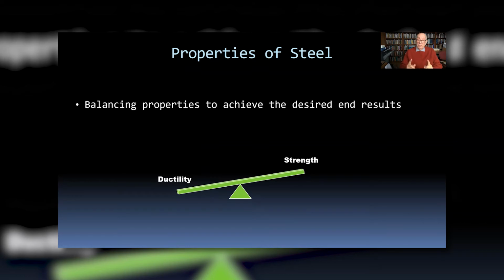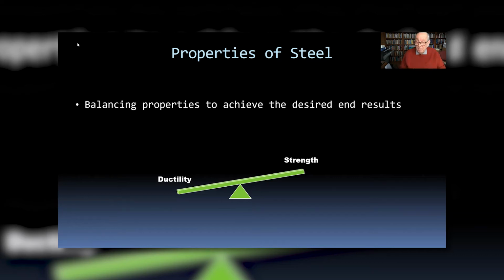So as a result of this, we decide what we want for properties, and we realize that there's a compromise going on. If we make them extremely strong, they'll be brittle because they'll have very, very low ductility. And if we make them extremely ductile, they'll have very low strength. So this balancing act is what we're trying to do when we look at the properties we're trying to achieve.